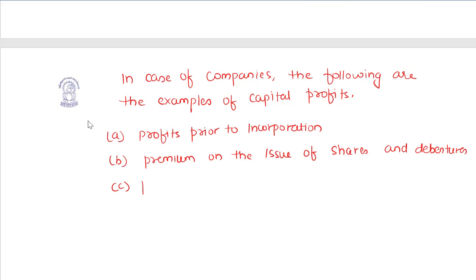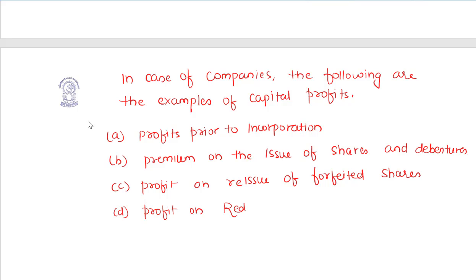C. Profit on reissue of forfeited shares. D. Profit on redemption of debentures.